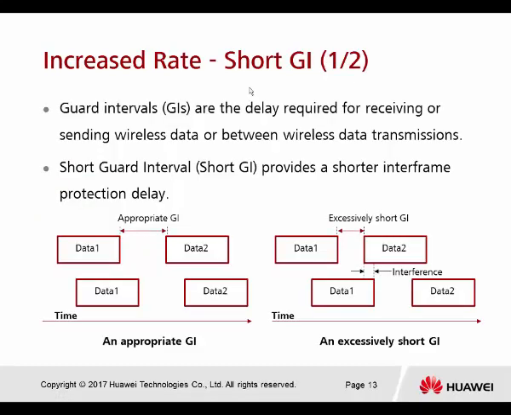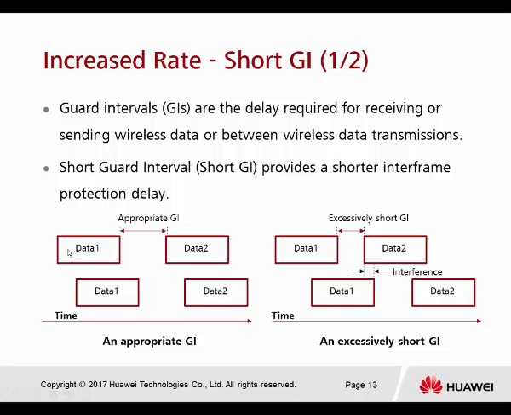Short GI is short for guard interval. It is the delay required between receiving or sending wireless data transmissions. For the normal GI, when we don't touch any configuration, the data will be sent out like this.